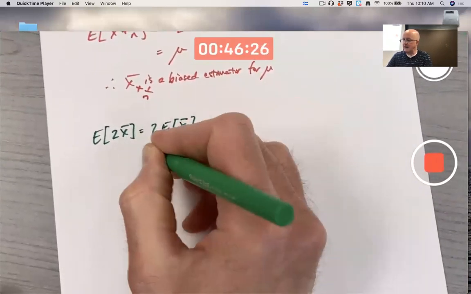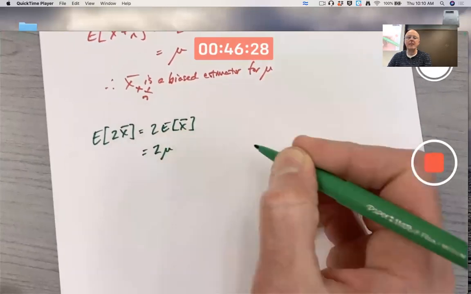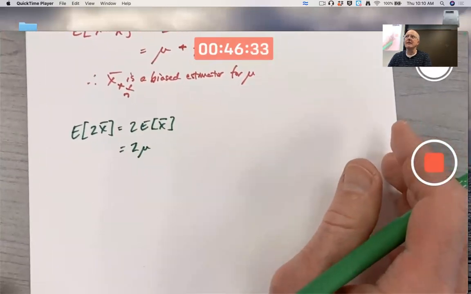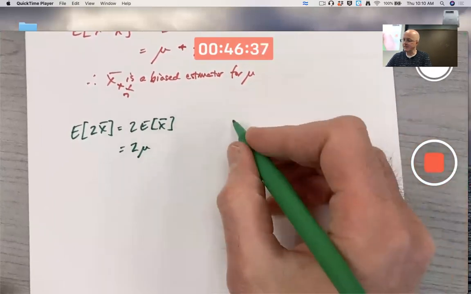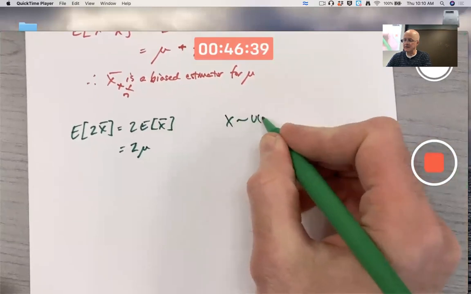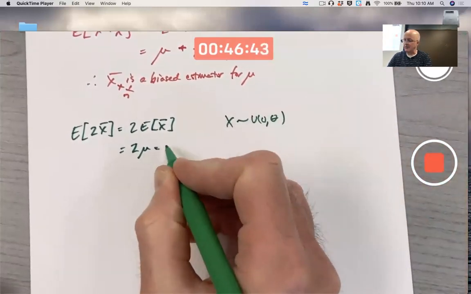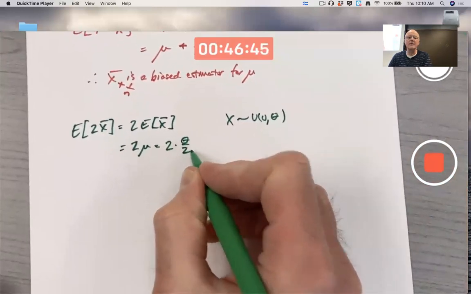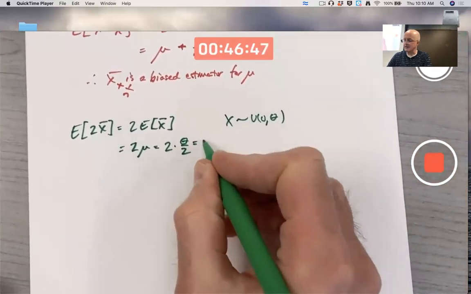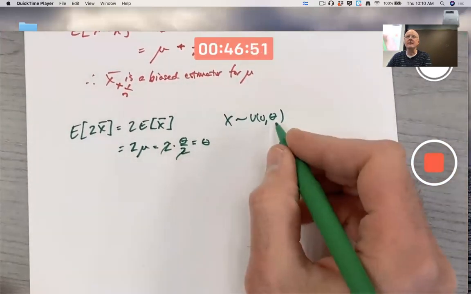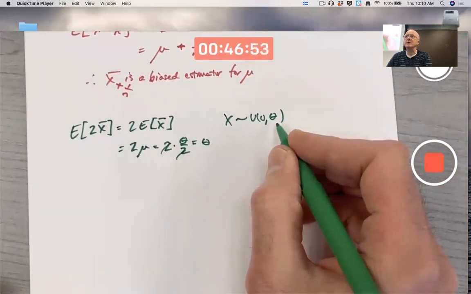The expected value of x bar is always mu. But then that begs a question, what is mu for a uniform distribution? It's theta over 2. So this simplifies to theta, the right endpoint of the uniform distribution.